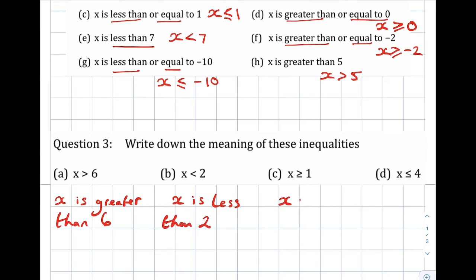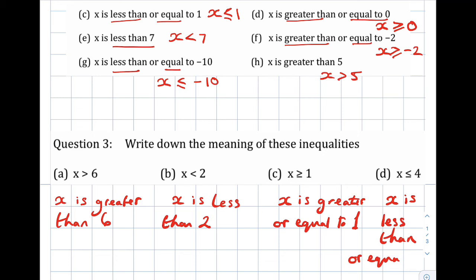C is x is greater than or equal to 1. Part D, x is less than or equal to 4.